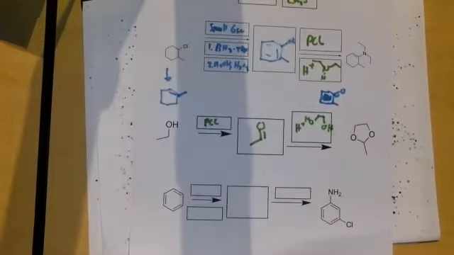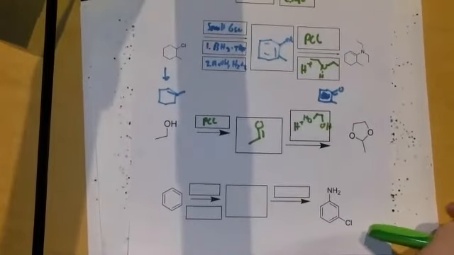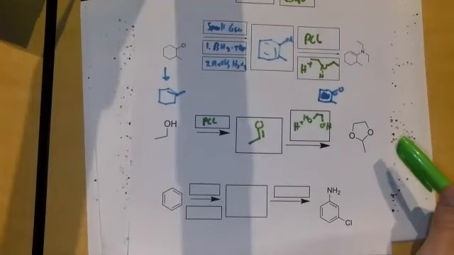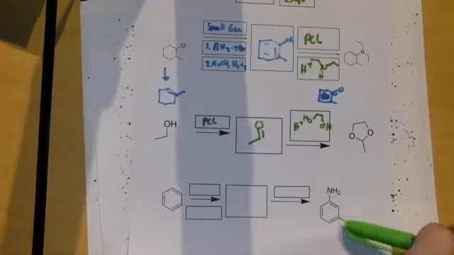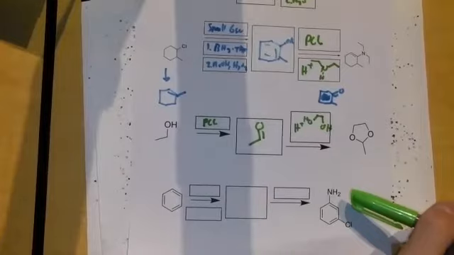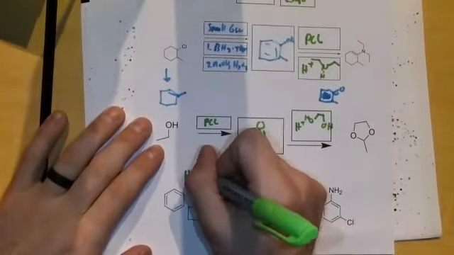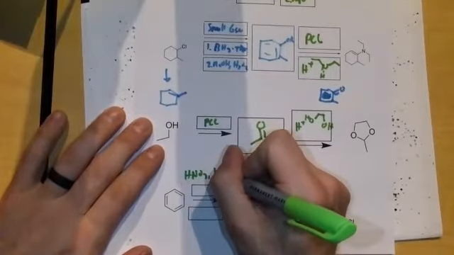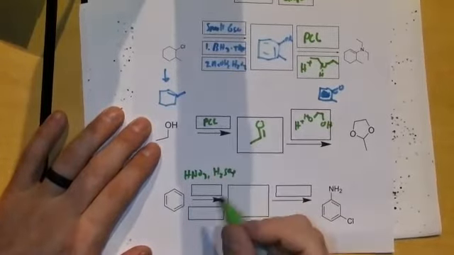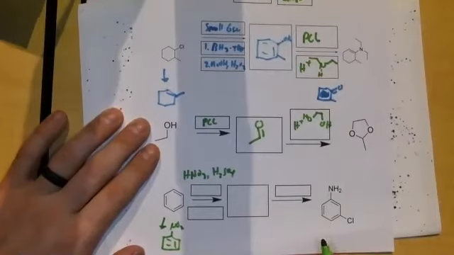Our next one is an order question. So these two are meta to each other, which means we need to add in, well, we're making an amine, we're making a Cl, so we probably want to add a nitro first before we make the amine. The nitro is going to be a nice meta director. So if we add in HNO3, H2SO4, we can make our meta director.